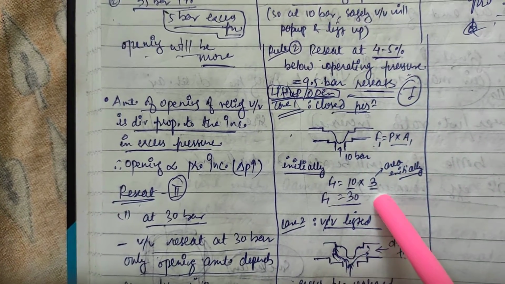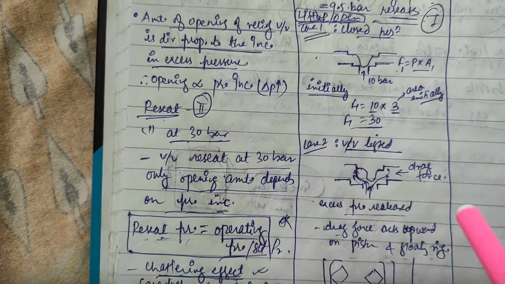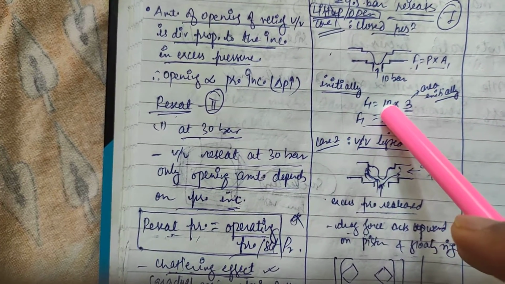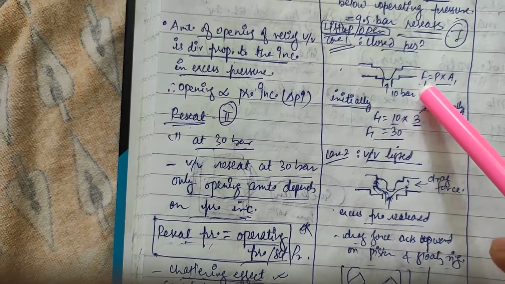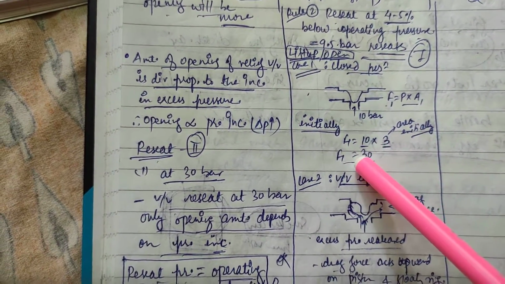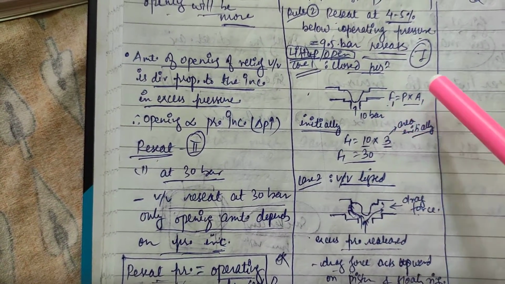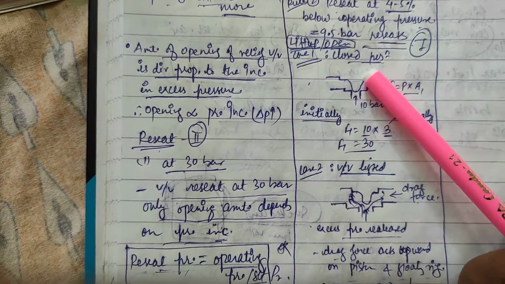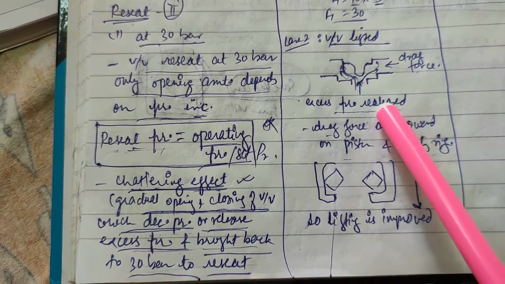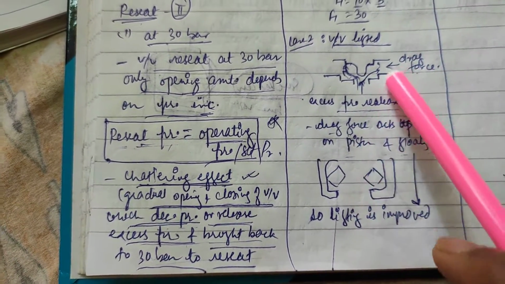Let's consider the area is 3 initially, so around 30 is the force here, right? At the time of reseat, both forces should be the same. Let's see case 2. The excess pressure is released and now it has to sit down.